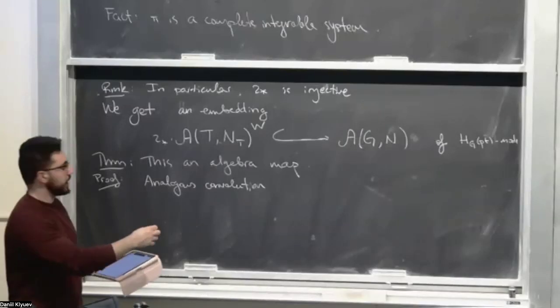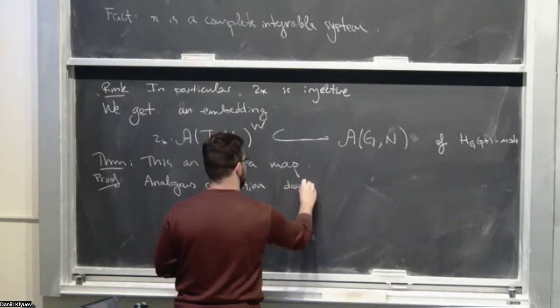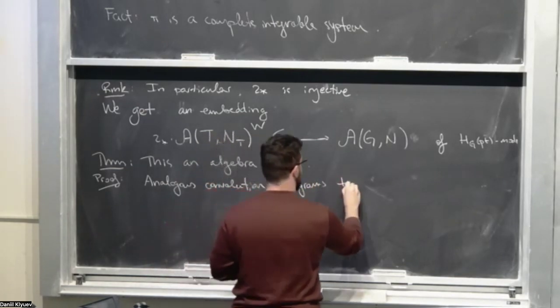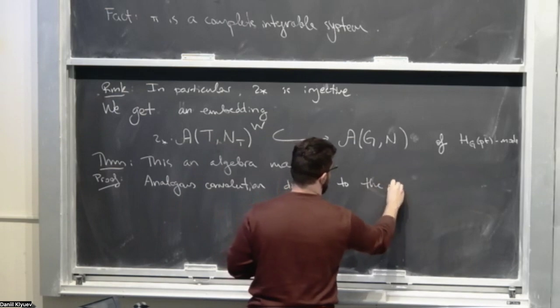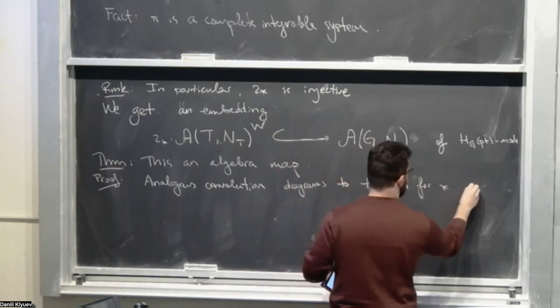You draw the same kind of convolution diagrams a couple more times, which I'm not going to do, similar to the ones for the product.